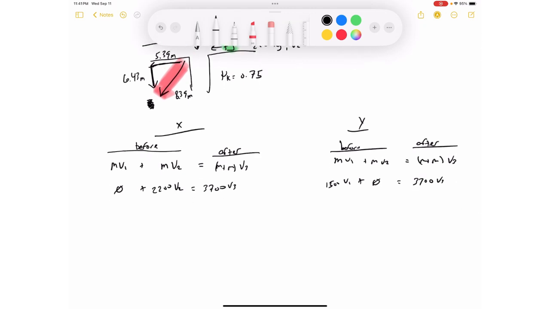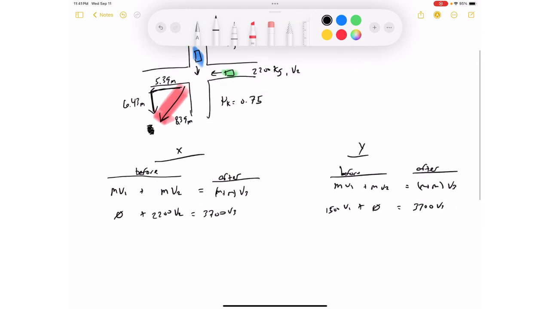Now, this velocity 3, what you want to do is look at it from the X perspective here, and in this case right here, we want to look at it from the Y perspective. So how can I say V3, but I don't want V3? I want just the X part of V3.